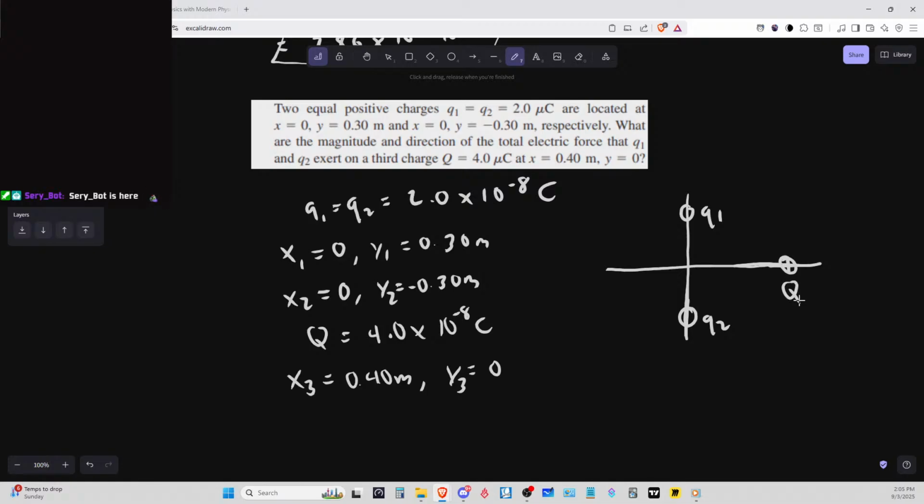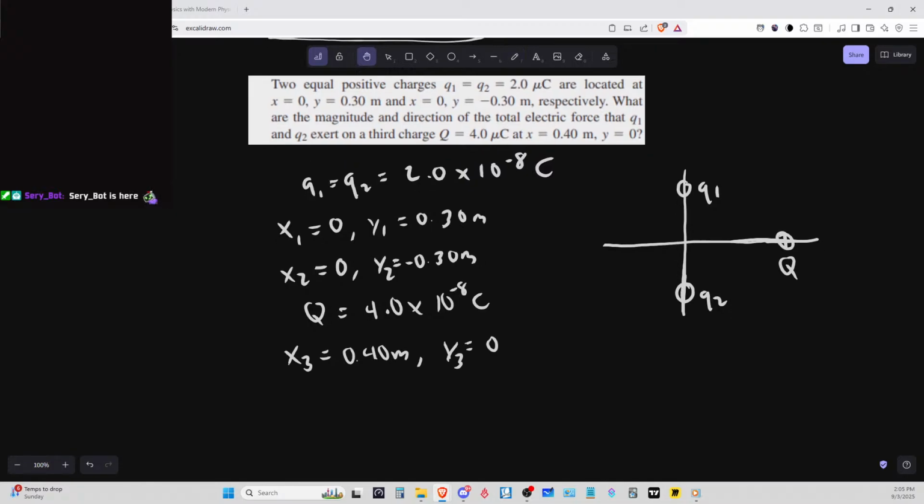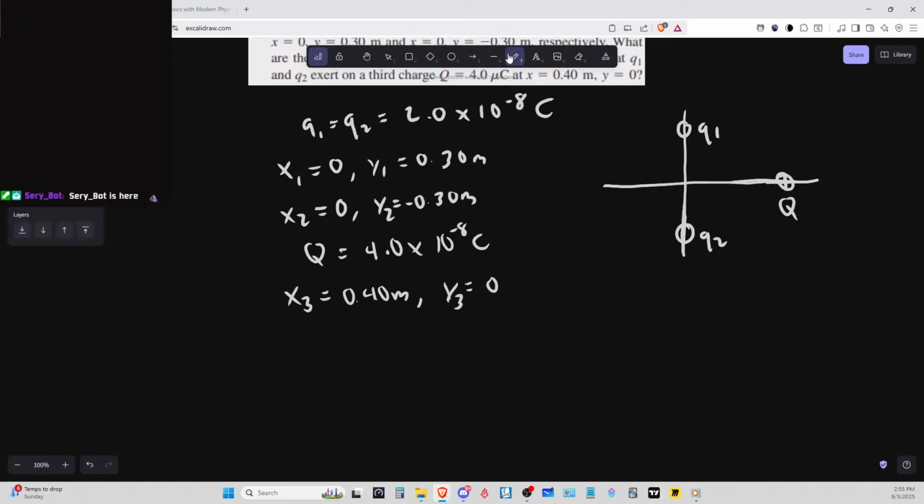Alright, so what are the magnitude and direction of the total electric force that Q1 exerts? Okay, alright, so the force, oh, we also need K, I forgot about K, oops.